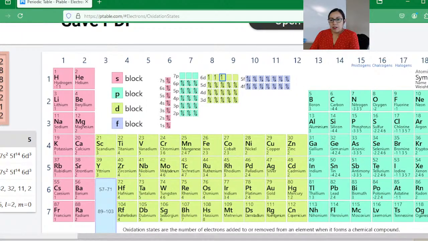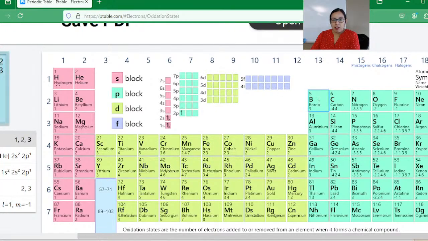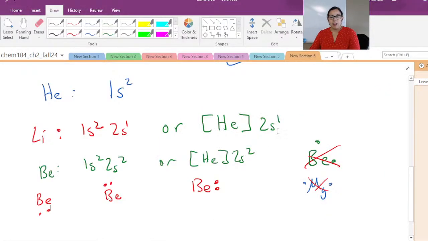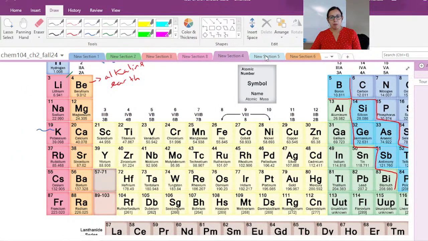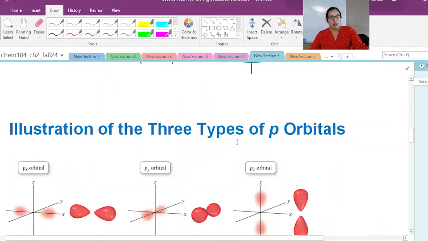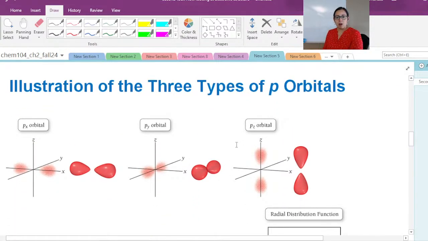And so now let's start the p block. Boron begins our p block. So let's look at, well, what are our p orbitals? There are 3 p orbitals, so px, py, and pz.